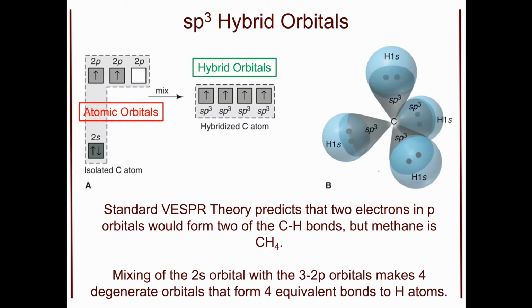Originally, when we were talking about the idea of methane, this was the molecule that had so many issues in explanation. Using the atomic orbitals you see here, if I were to go and do methane, there were many people that said, okay, I will be able to do 2 bonds because of the 2 lone electrons in the 2p orbital. When they started to figure out how many hydrogens were involved, they actually found out that it was CH4.